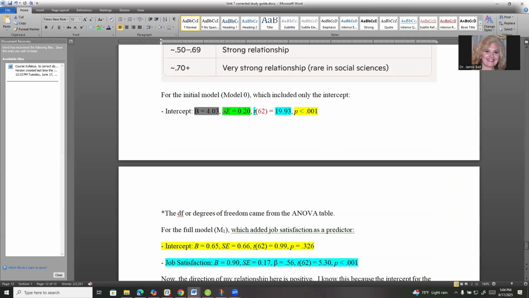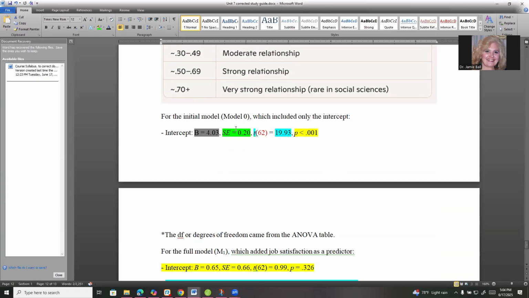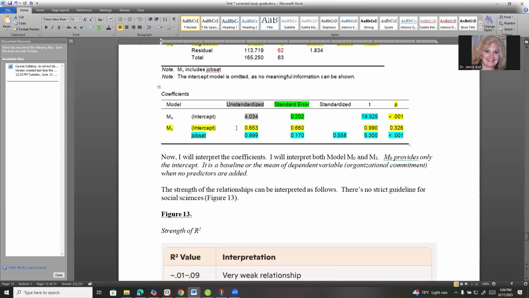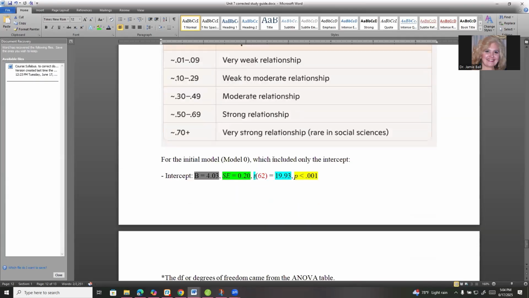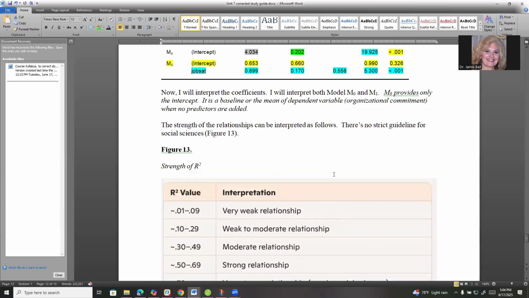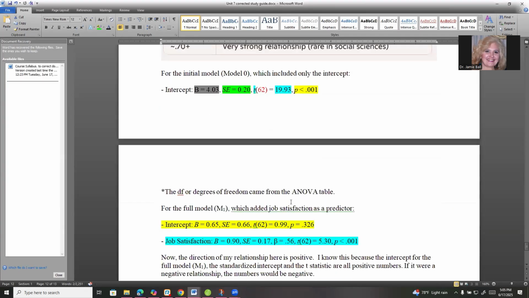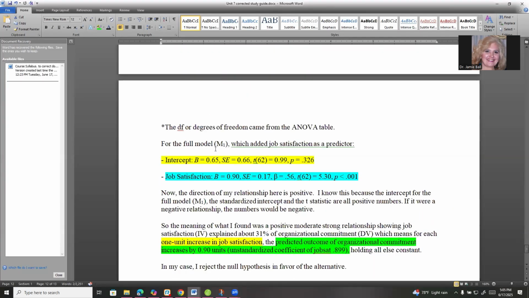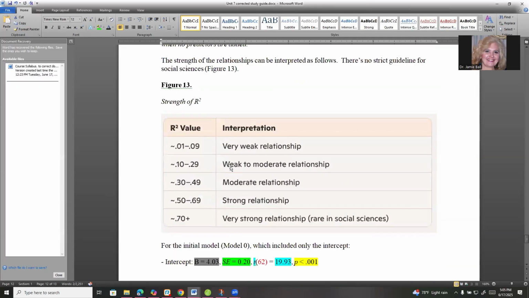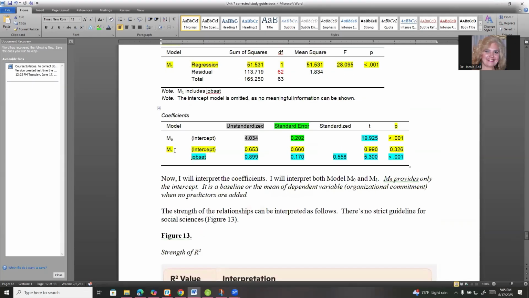Here's the intercept, the standard error, and then we provide our T statistic. Now, for the full model, which in our case is M1, I'll provide the intercept, the standard error, and the T statistic again. But I'm getting it from this line.